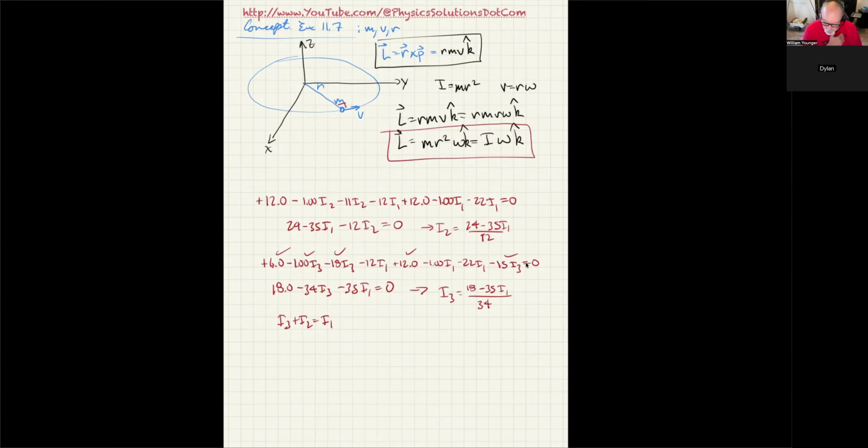The way I work that, by the way, is I break those fractions up. Like I2 becomes 24 over 12, which is 2, minus 35 over 12, which I do as a decimal and just put it in as a decimal. And I do the same thing with I3, and it works out pretty easy. I got that from one of your examples out of the book, and I liked it that way because trying to add it all in as a long fraction would have been really confusing for me.